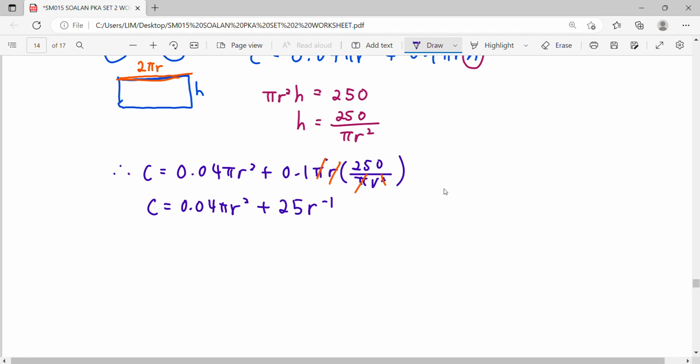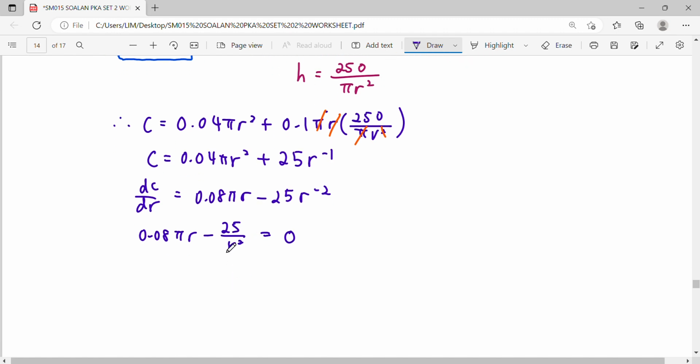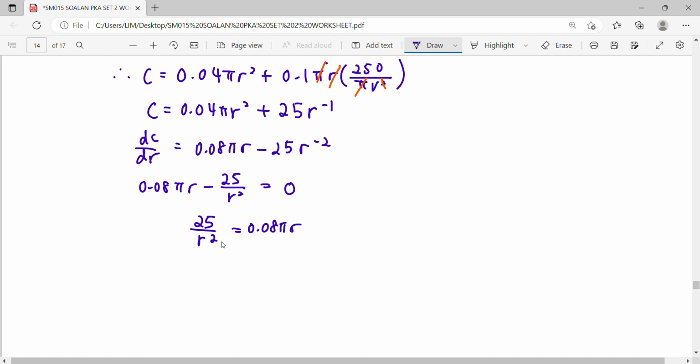Finding the critical number, differentiate C with respect to r: the power comes to the front, power minus 1. Let the first derivative equal 0. We're going to find our critical number r. So let's solve for r. Multiply up, r cube equals 25.